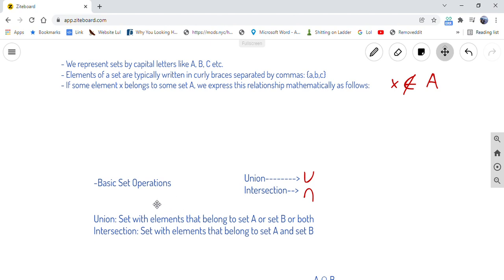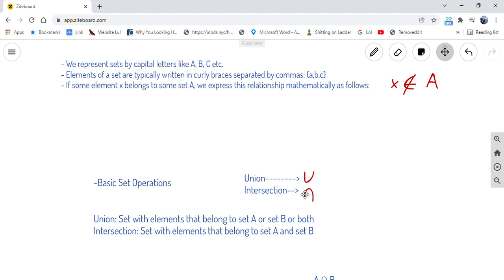So it doesn't make sense to perform these operations on one set, just in the same way it doesn't make sense to add just one number. You have to have two objects to add. You can add the same number, but that's different than just adding one number. So in the same way, you need two sets to define these operations.